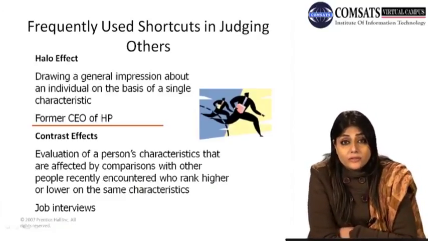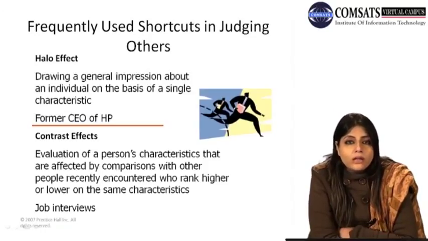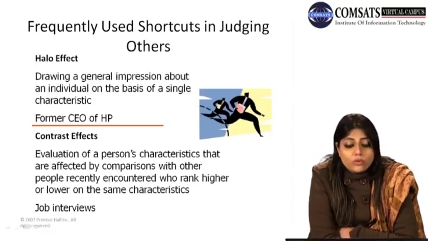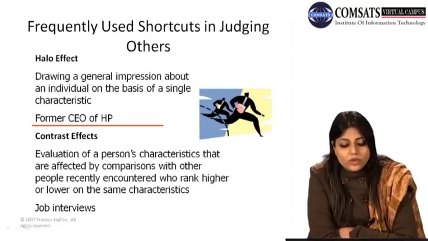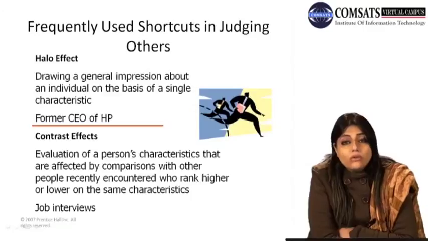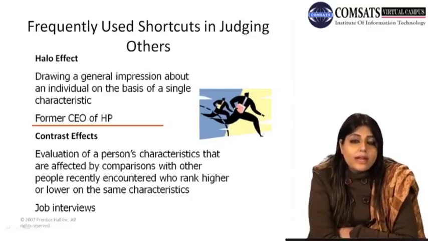Then the halo effect often happens, and we must have observed it ourselves as well. We generally draw an impression about a person based only on one characteristic of that individual, right? So if an individual is smart, we tend to build our whole impression of that individual only from this characteristic that he is smart.